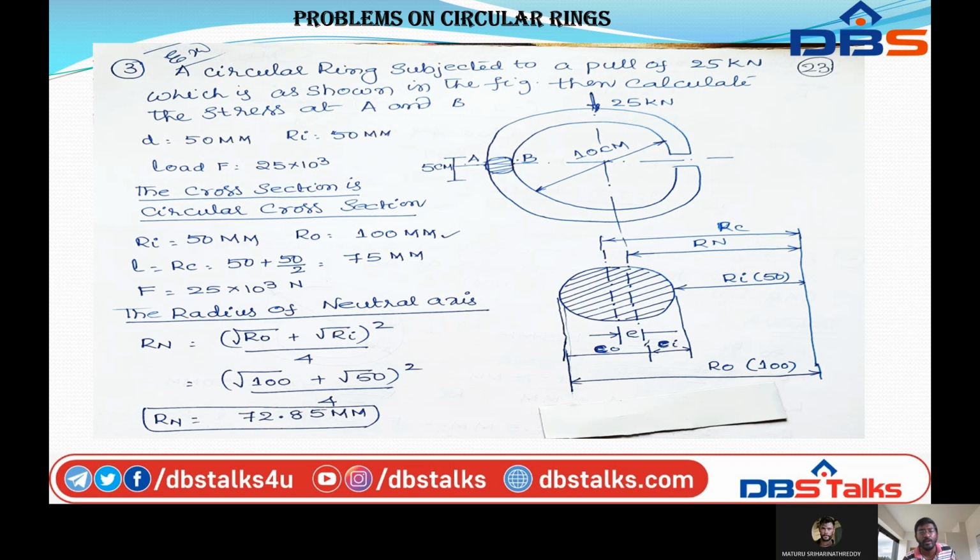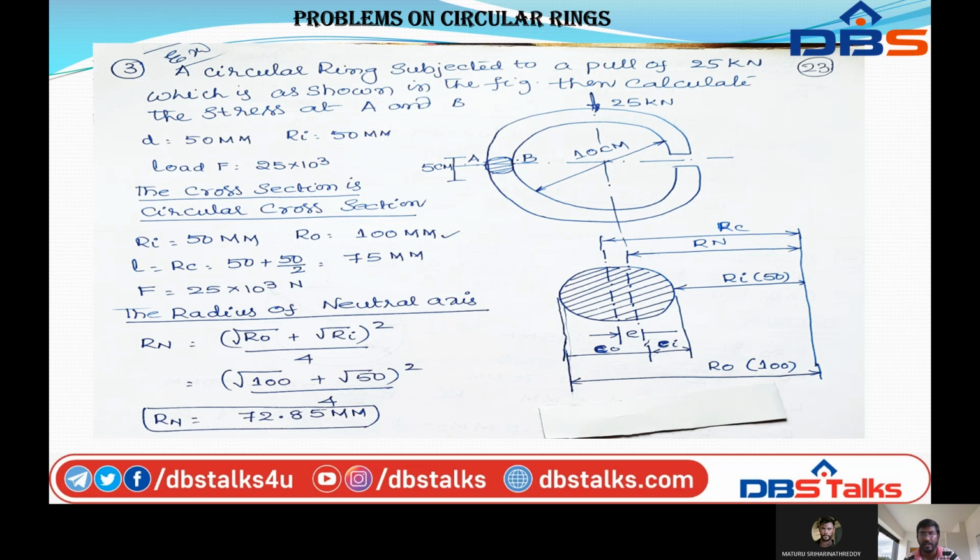The given data: the diameter d equals 50 mm, radius Ri equals 50 mm, and load F equals 25 kilonewtons, converted to newtons, 25 into 10 cube newtons. The cross section is circular.